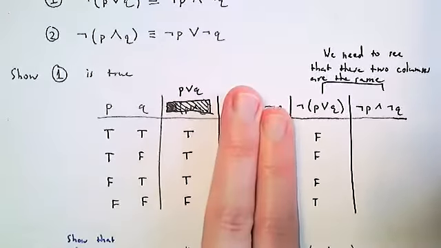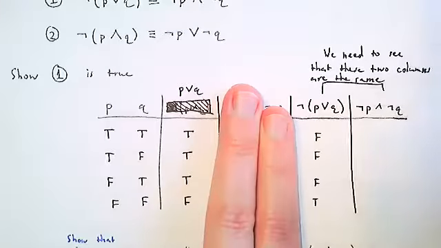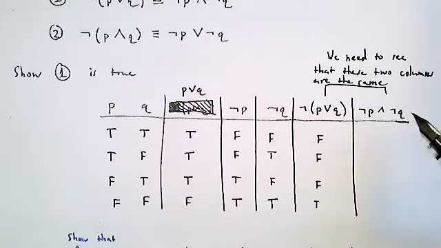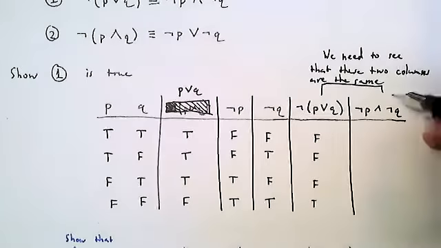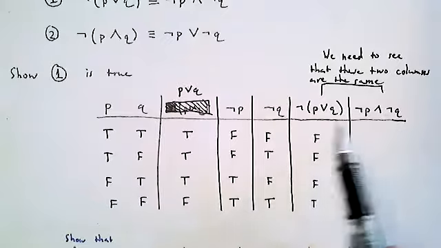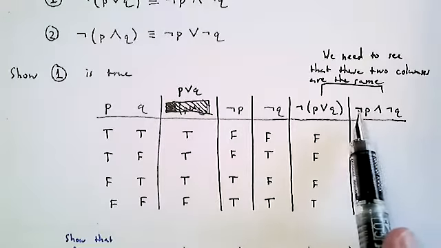Just covering these up again, we have the opposite truth values. And then to fill in this final column for the AND statement, we'll have to look for two trues in these two columns that correspond to those halves.